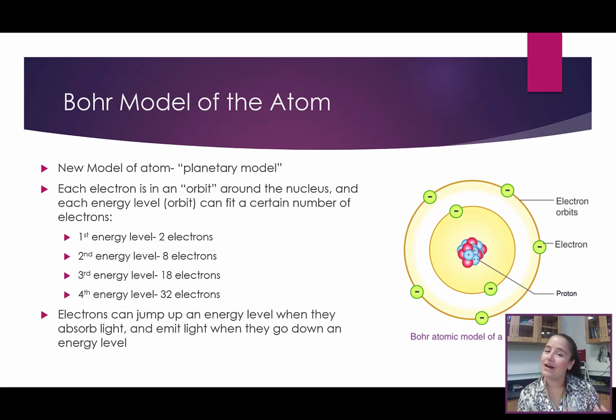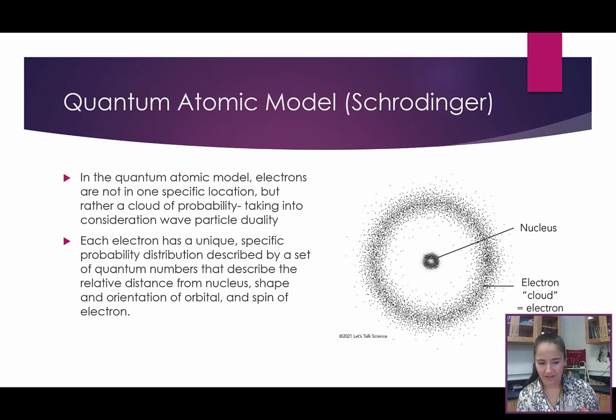So the new model of the atom that is able to predict all of the electrons is called the quantum model. Now, this is tied to Erwin Schrödinger and incorporates principles of wave-particle duality. In this quantum model, electrons are not in a specific location, but rather a wave or cloud of probability. And that probability cloud is described by 4 quantum numbers.